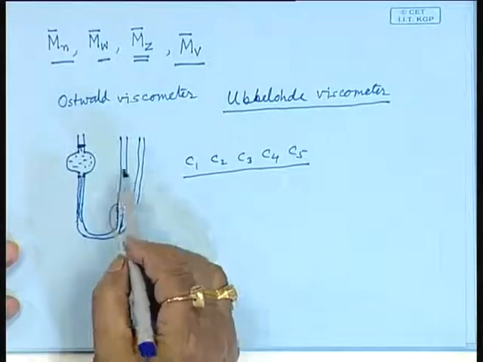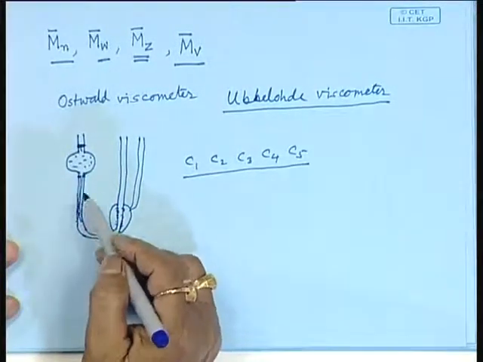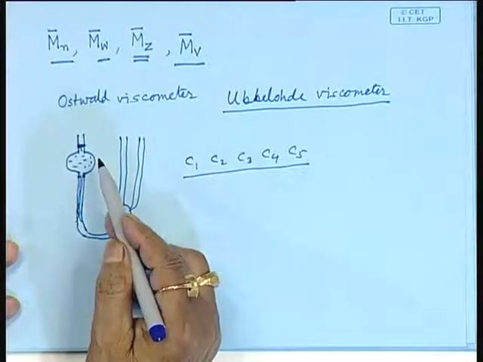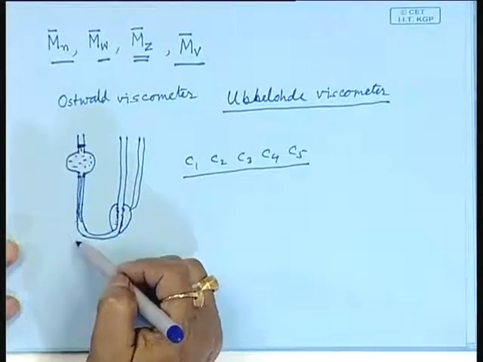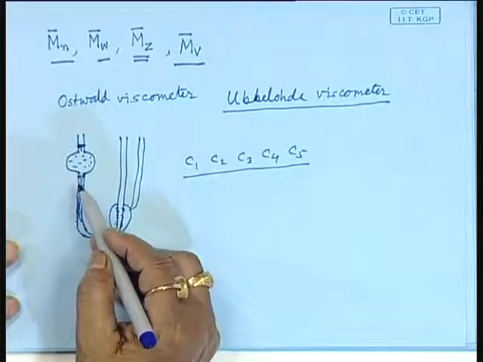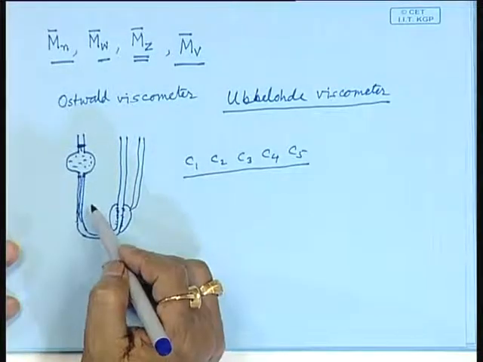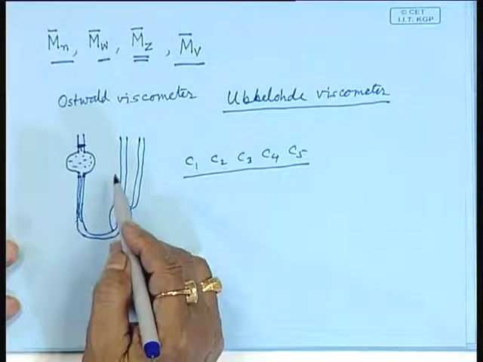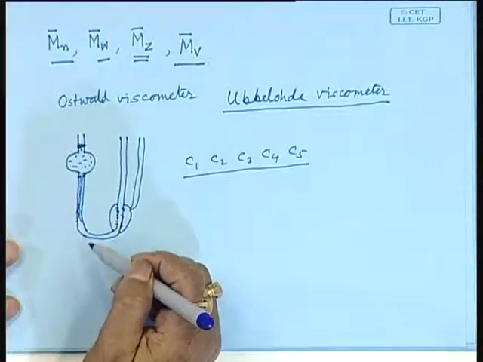Every time I can drain out this solution, then fill with fresh solution. But then, while you are draining out, some quantity will remain adhered to the inner wall of the apparatus. So, you have to rinse it, again you have to dry it, again you have to fill with the next concentration. So, that is a tedious process.